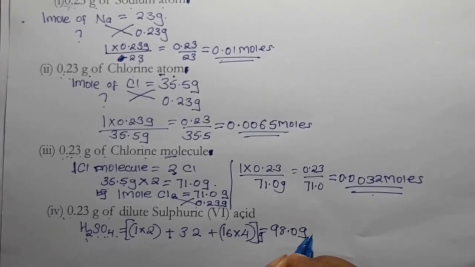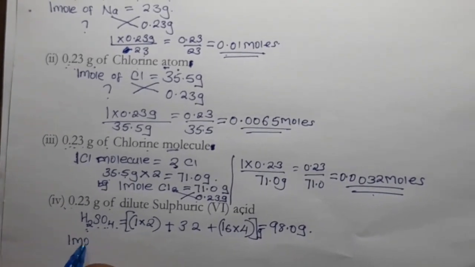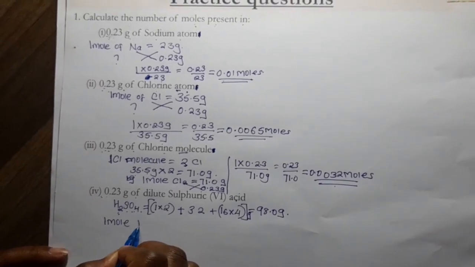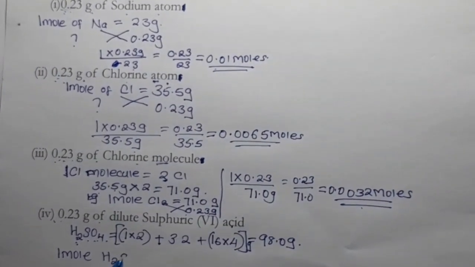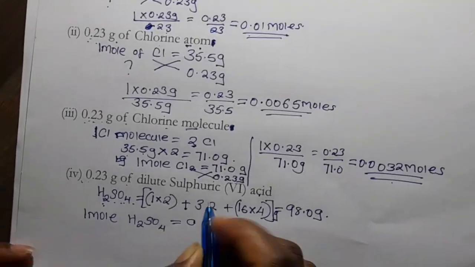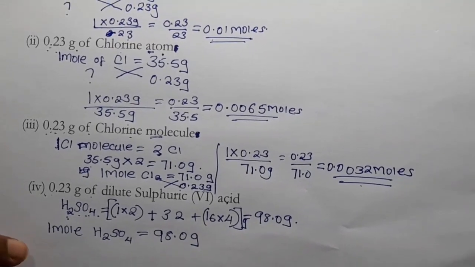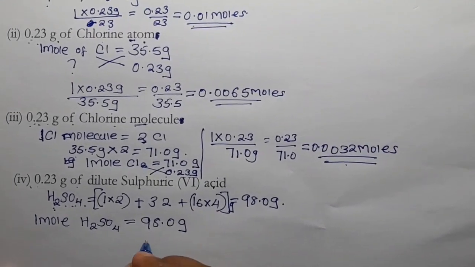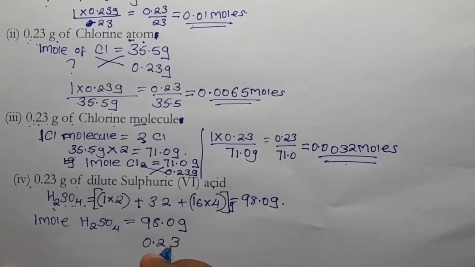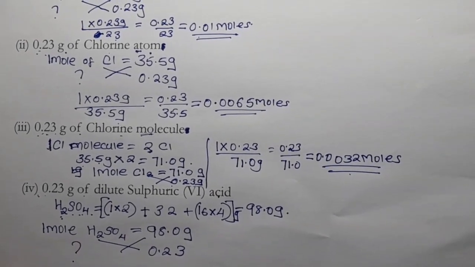So the total here in grams will give us 98.0 grams. So 1 mole of sulfuric acid gives us 98.0 grams. So what about 0.23? So again we cross multiply here.